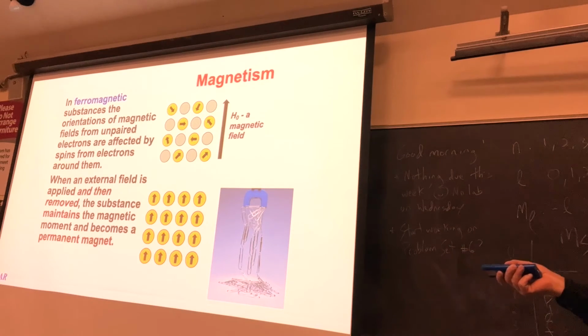Certain elements are definitely able to make ferromagnetic materials easier than others. In theory, any paramagnetic substance could be made into ferromagnetism, but that's pretty unlikely. It's only for a couple of them that you actually see it. A ferromagnet, when the external field is removed, actually keeps the orientation, and that's pretty cool. Most paramagnetic substances, if you take away the field, just go back to being random.